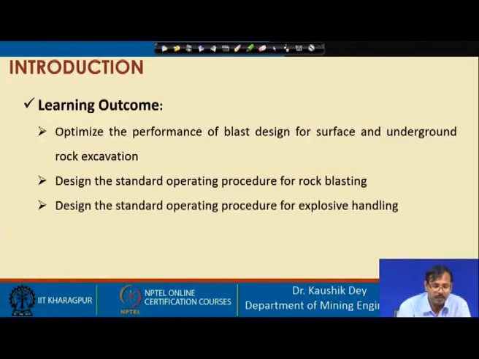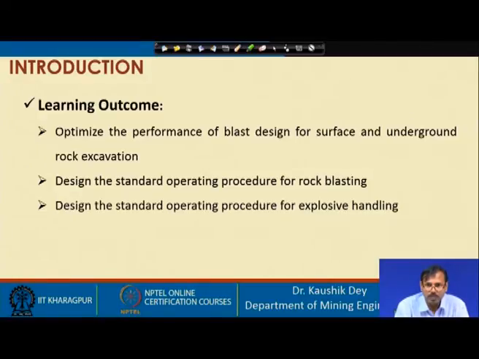Not only in the blasting practice, but it is also essentially required for explosive handling. That means, from the moment you are issuing the explosive from the magazine, till the explosives are used in the mines for blasting, and the excess explosives are returned back to the magazine again for storing, till then the magazine, the explosive, everything has to be handled with a standard operating procedure.